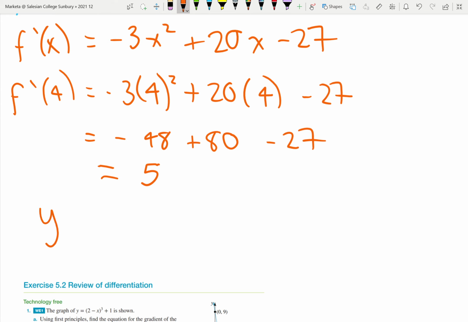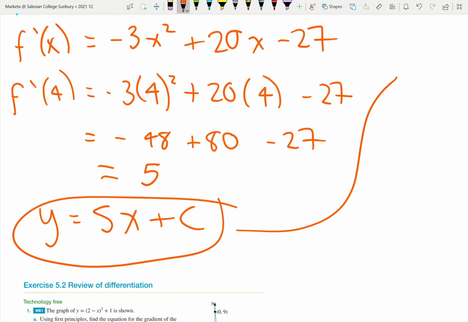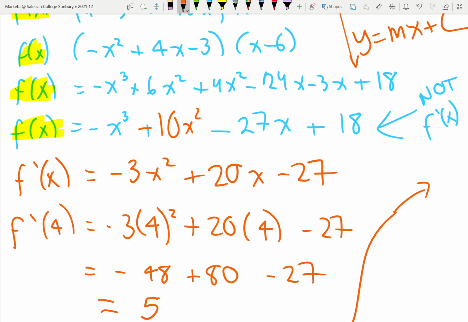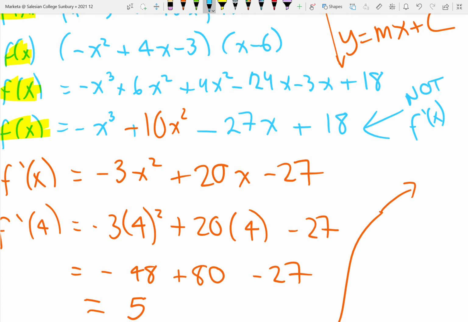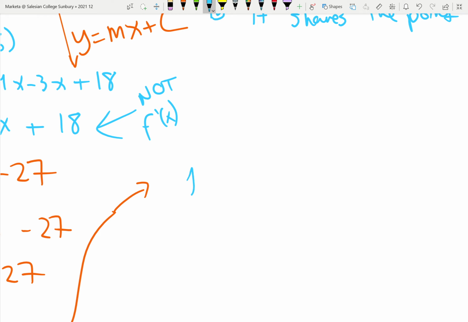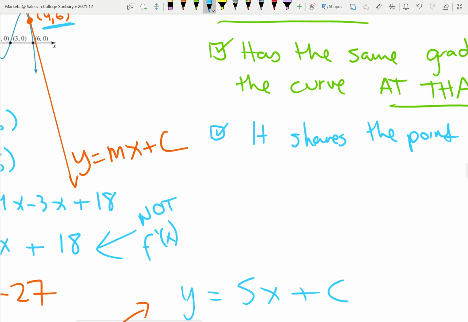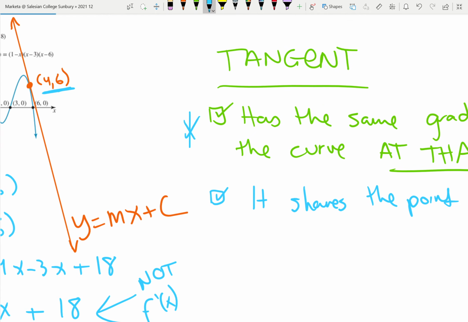So far we've got y equals 5x plus c. We're almost there, but obviously we need to find c. This is really the easy part, but don't leave it at this. If we've got y equals 5x plus c, then we know it shares the point. So we've taken into account this rule: it has the same gradient as the curve at that point. Done.